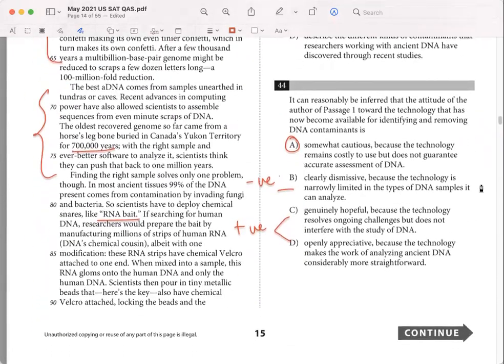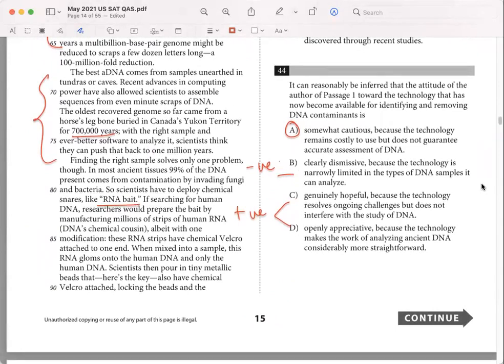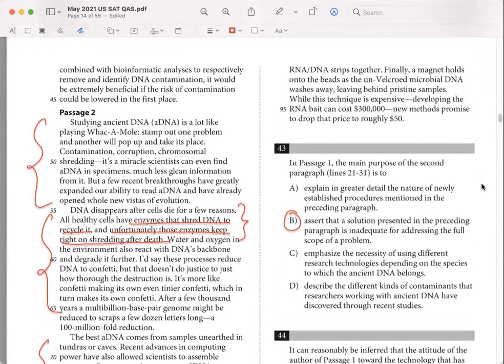Okay, and what are we doing with RNA bait? If searching for human DNA, researchers would prepare the bait by manufacturing millions of strips of human RNA, albeit with one modification. When mixed into a sample, this RNA gloms onto the human DNA and only the human DNA. The scientists then pour in tiny metallic beads that also have chemical Velcro attached, locking the beads into the strips together.